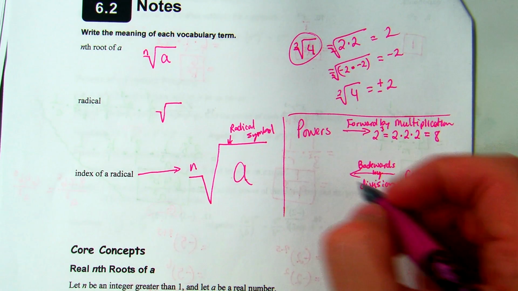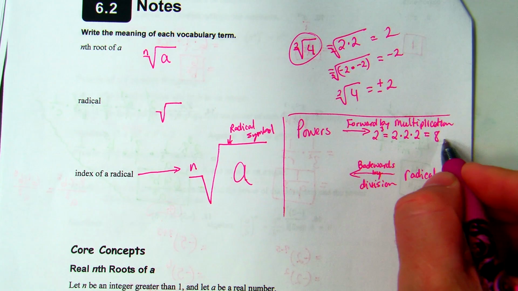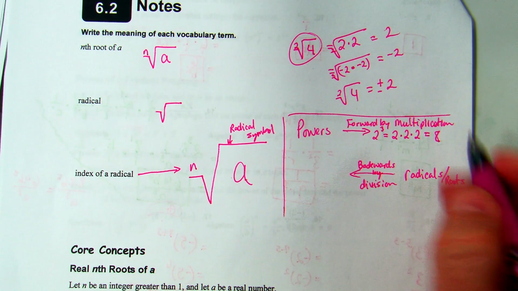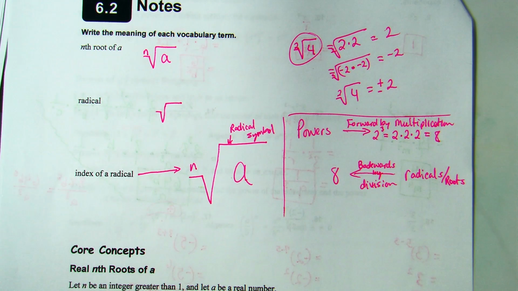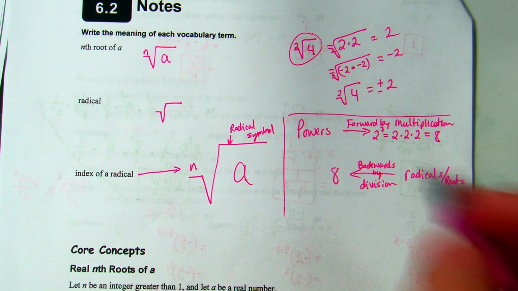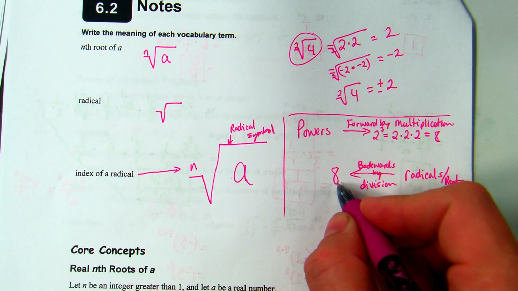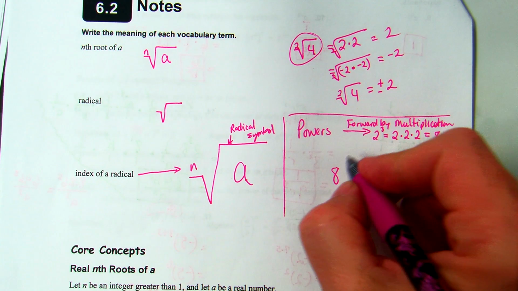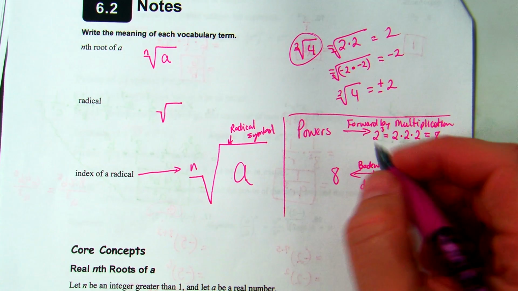If you think about it, if we're trying to find, in this case, watch this, 2 cubed is 8. Well, 8 raised to the power, now think about this, we just talked about it, we're inverting, or we're going backwards. Okay, so if I'm taking the cubed root of 8, or, watch this, this is going to be important as we find in our core concepts down below and as we move on to using the calculator in a few minutes here.